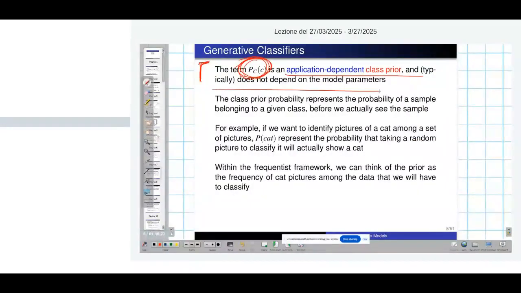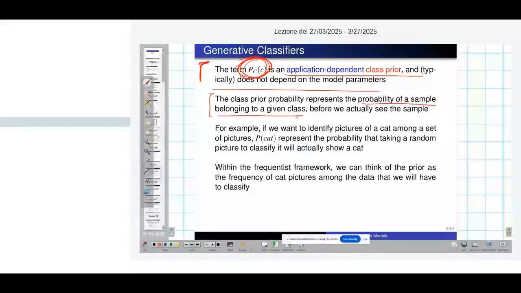Well, in generative model, typically the class prior probability represents some information that we have on our task that is not directly related to the model that we make for our features. What is a prior probability? The prior probability is the probability of observing a sample of a class without actually looking at a feature vector.